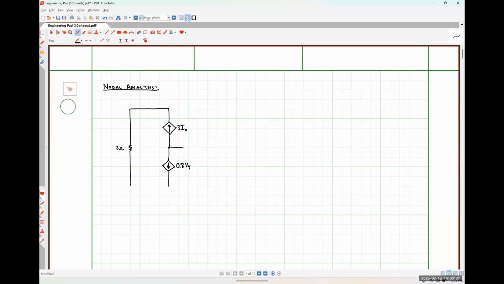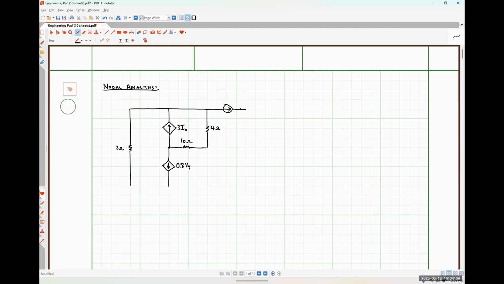Let's put a 10 ohm resistor here. We'll put a 4 ohm resistor here. I'm going to have an independent current source up here.